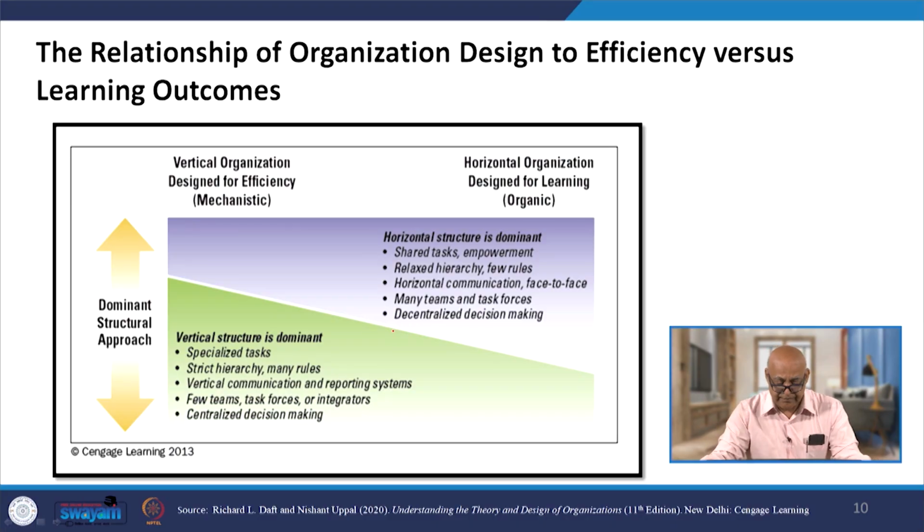But when we talk about the solution to these barriers or limitations, it is supported by the horizontal structure. So, shared task and empowerment, a relaxed hierarchy, and few rules are there. Therefore, it is not a framework within which your canvas is restricted, but enlarged. Horizontal communication and face to face communication is possible. Many teams and task forces are there, like project teams.